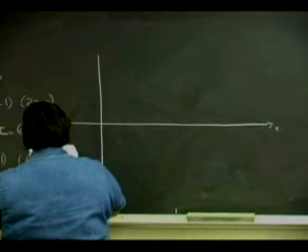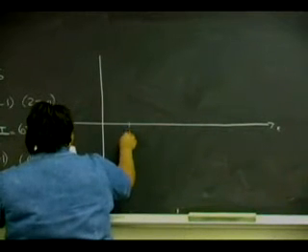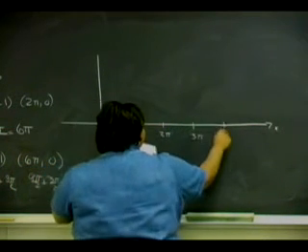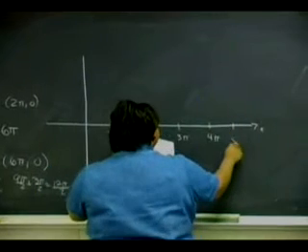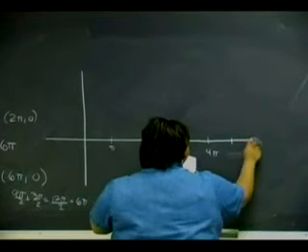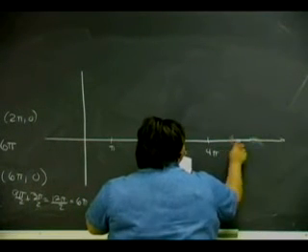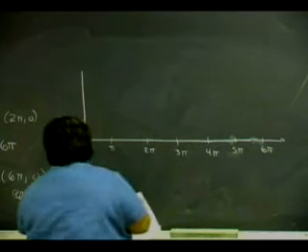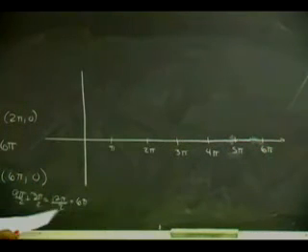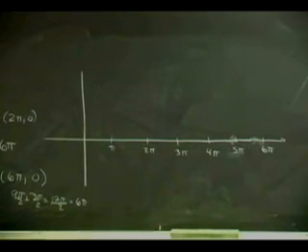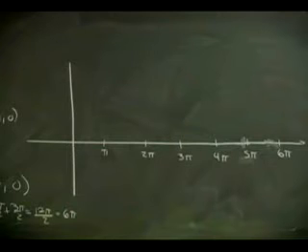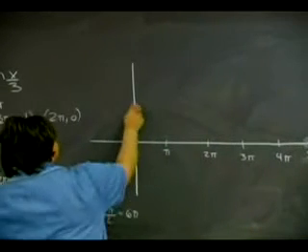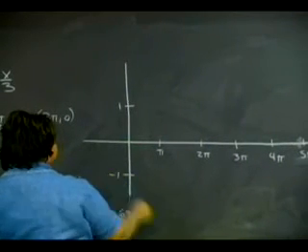So I have pi, 2 pi, 3 pi, 4 pi, 5 pi, and 6 pi. Now, I can graph my normal sine graph here. The sine graph I have, and I know my amplitude will run from what? 1 to -1.